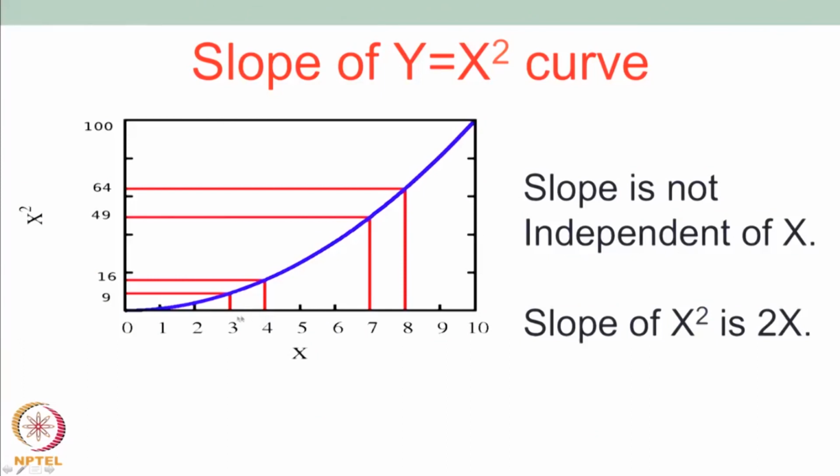Look here. If you take the y is equal to x square curve, and I take 3 and 4 as my x values, the corresponding y values are 9 and 16, so I will get 7. On the other hand, if I take 7 and 8, where delta x, the change in x, is 1, the corresponding y values will be 49 and 64, and this difference is very different from the earlier difference. So if I calculate the slope here and the slope here, it appears very different.